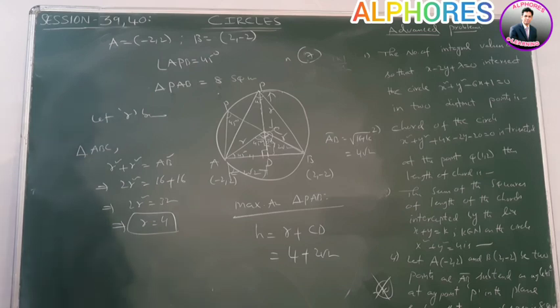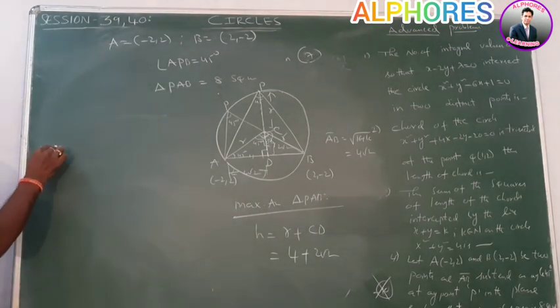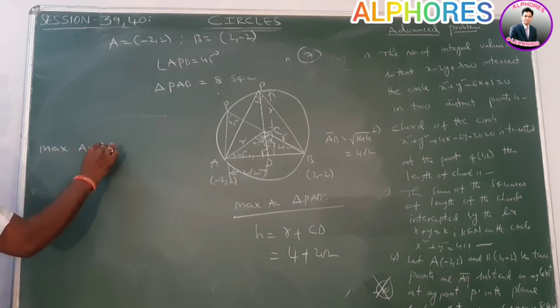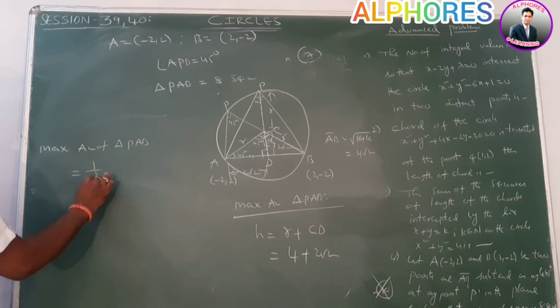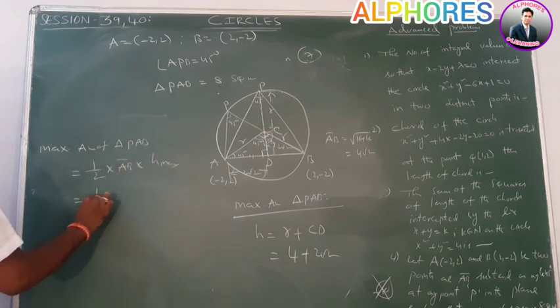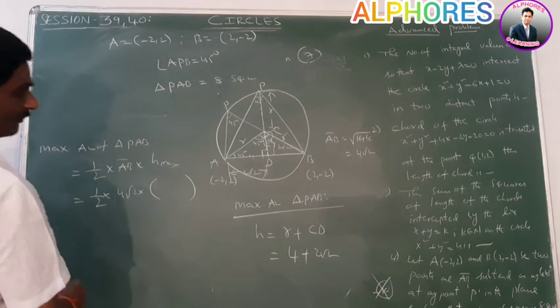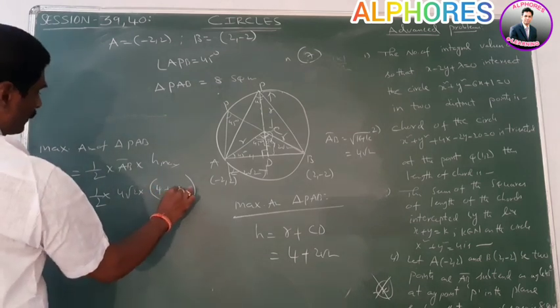Okay. Maximum area of triangle PAB is equal to half into AB into H maximum, maximum height. AB is always 4 root 2, into maximum height 4 plus 2 root 2.